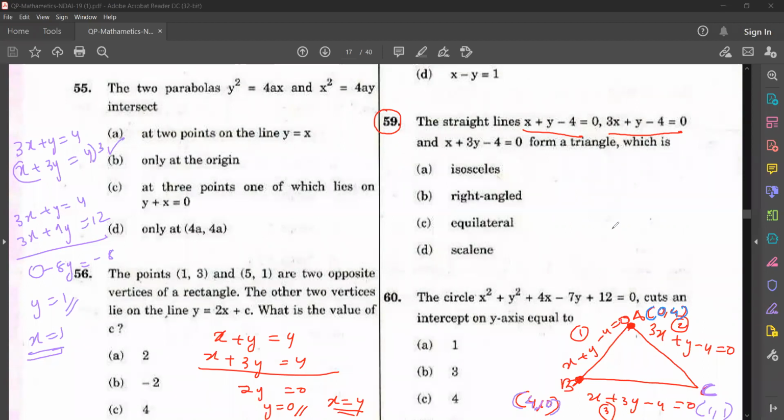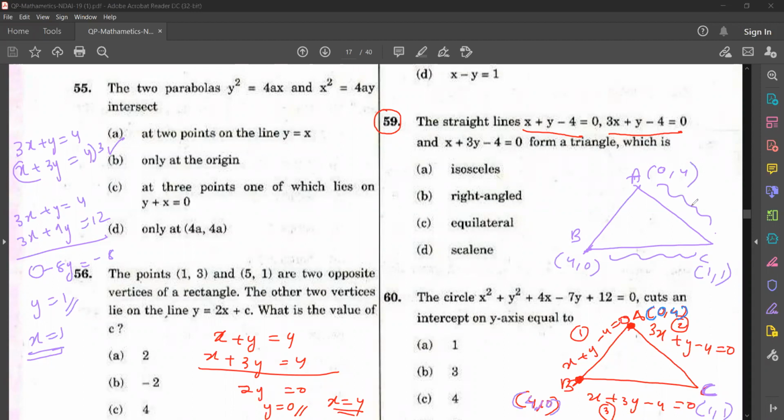What are the vertices that I got? This is the triangle. The vertices I got are 0 comma 4 and 4 comma 0. This is A, this is B, and C is 1 comma 1. Now check this. Clearly the distance AC is equal to BC, isn't it? Why?